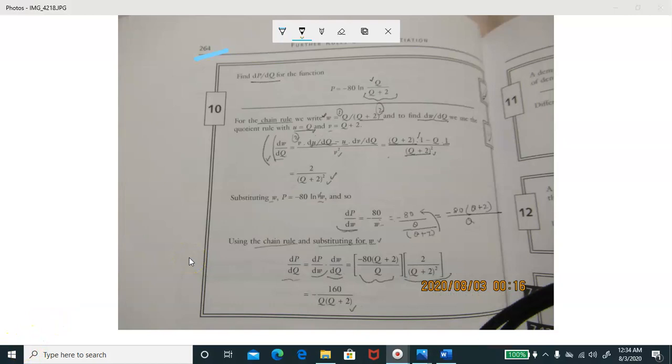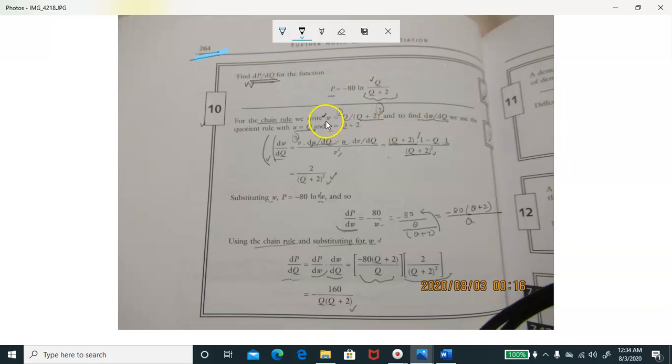Okay, now we want to solve this problem on page 264 of the Soper book. They give us this function, p equal to -80 log of q divided by (q + 2), and they ask us to find dp/dq. So what are we going to do?